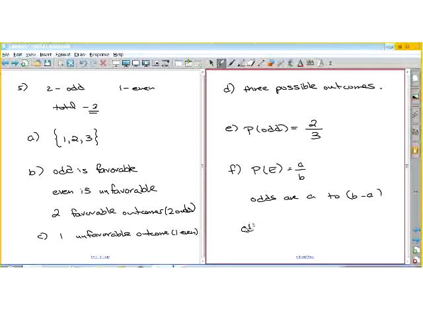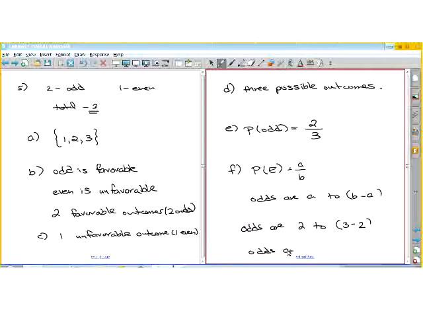So in this case, since the probability is 2/3, the odds are A, which is 2, to the total number of outcomes minus the number of favorable outcomes. And we don't write it as that. This is the way that we would write it.